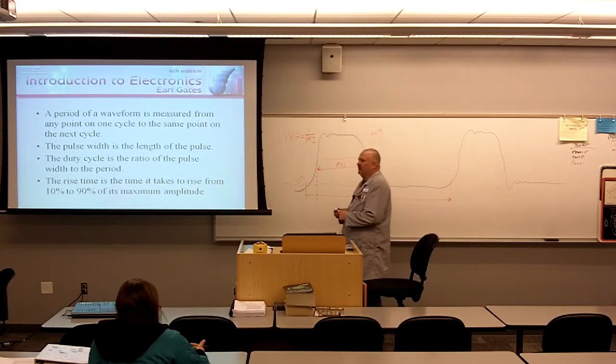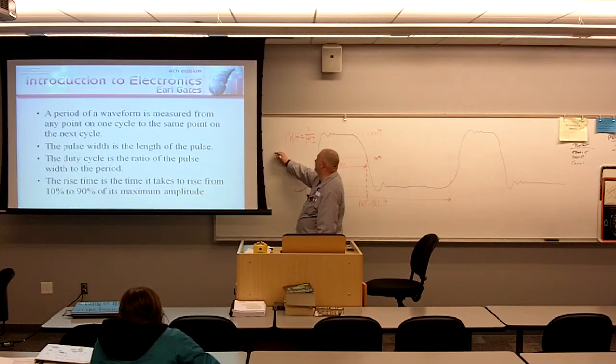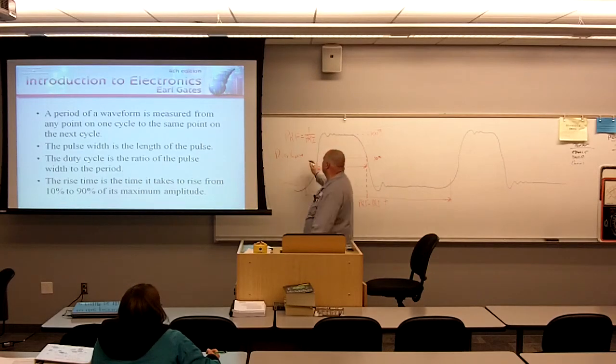Now there's another number that's important for us to analyze when we're analyzing waveforms, and that's called duty cycle. Duty cycle is really easy. It's going to be the pulse width over the pulse repetition interval.